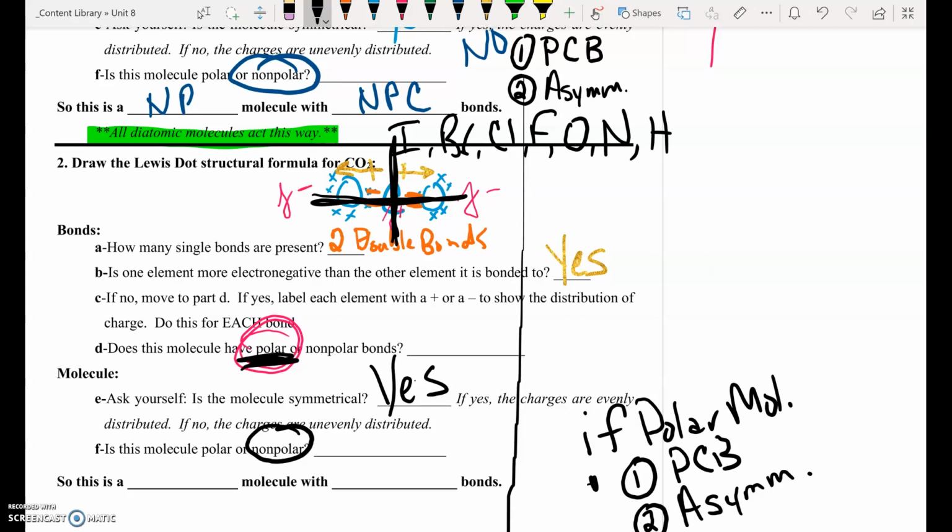Okay, so that takes care of this criteria, but it has to be asymmetrical. This right here says, yes, it's symmetrical. So this criteria is not met. So if it's not met, then that means it's not a polar molecule. So this is a non-polar molecule with polar covalent bonds.